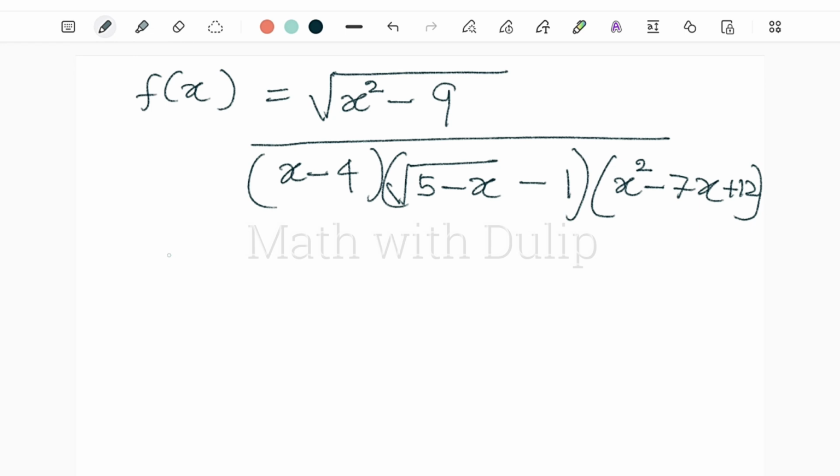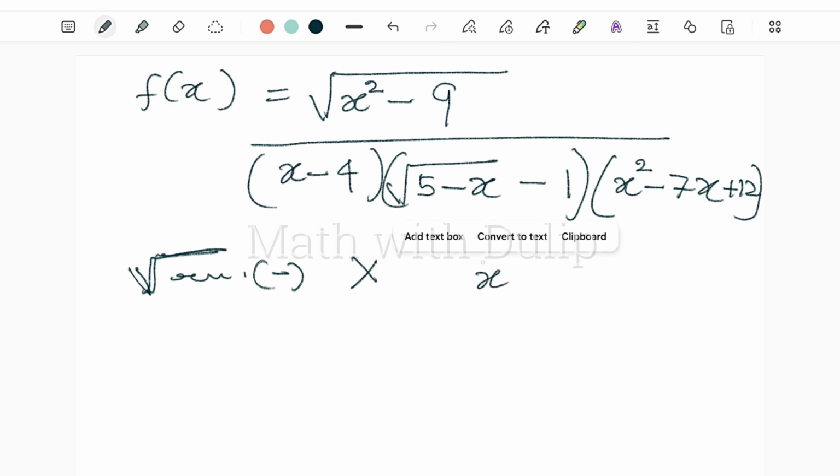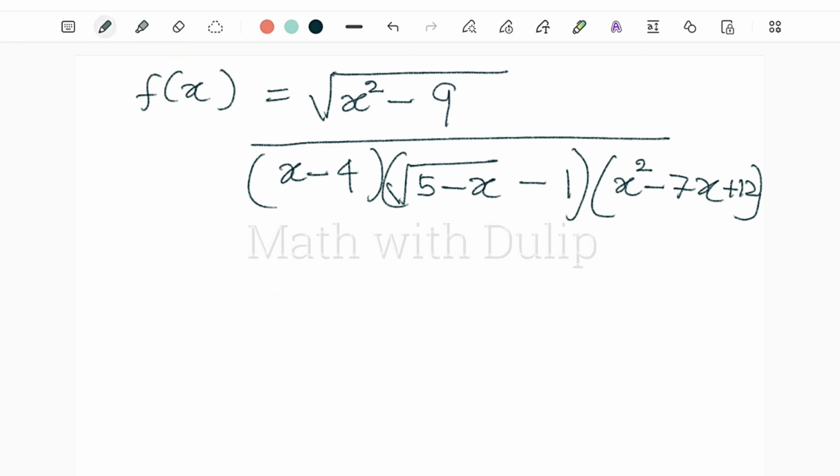You know that the value inside the square root shouldn't be negative. We're not going to find the square root of negative values. So the radicand x squared minus 9 should be greater than or equal to 0. This is one of the conditions. Let me simplify this.